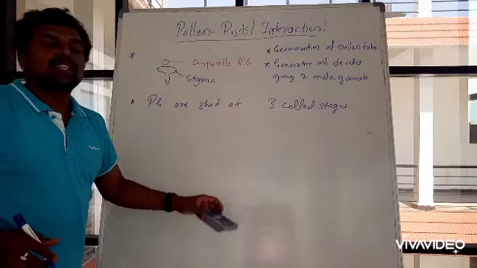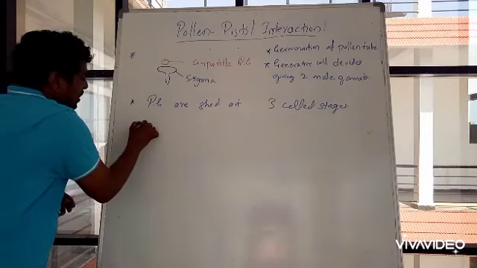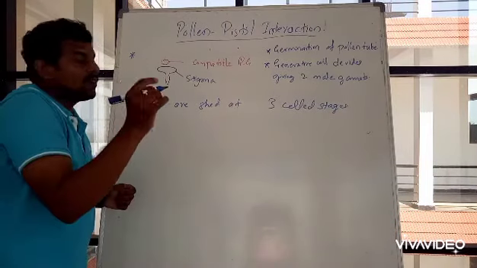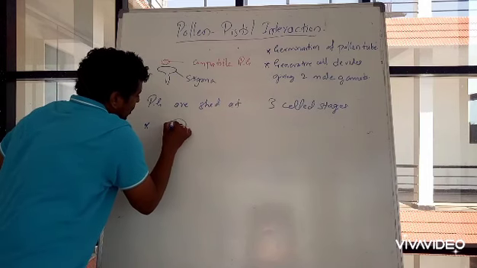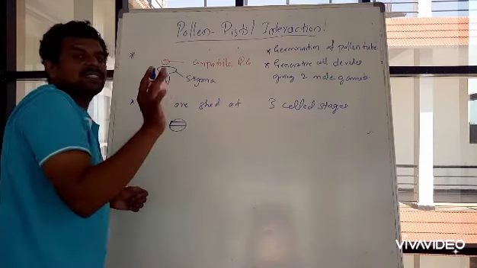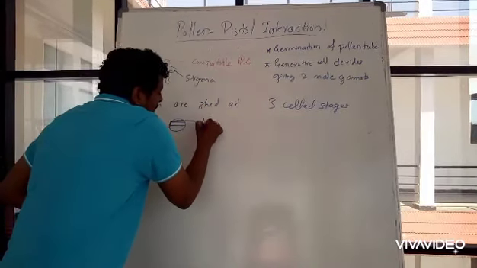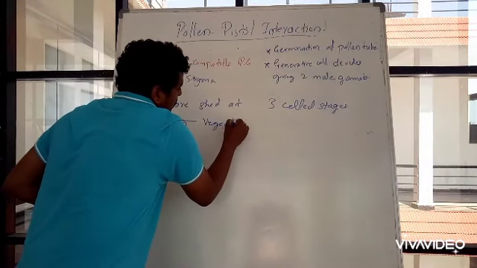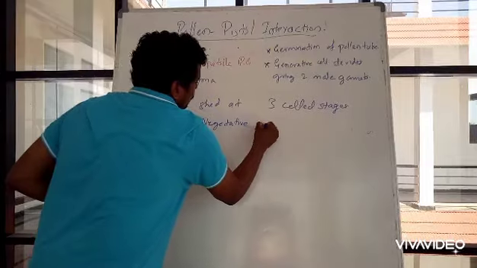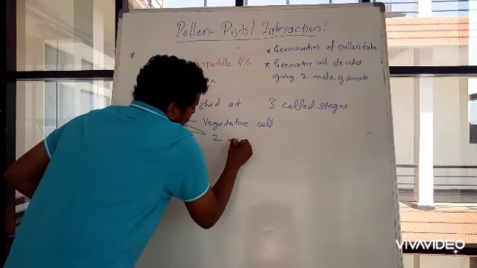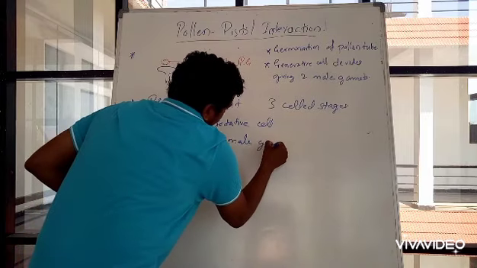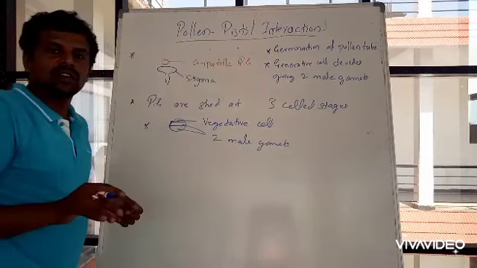If the pollen grain is of three cell stage, which means one will be vegetative cell. Say for example, this is the pollen grain. It will be having three parts or three cells. One will be vegetative cell, and the other two will be the two male gametes. Got it?